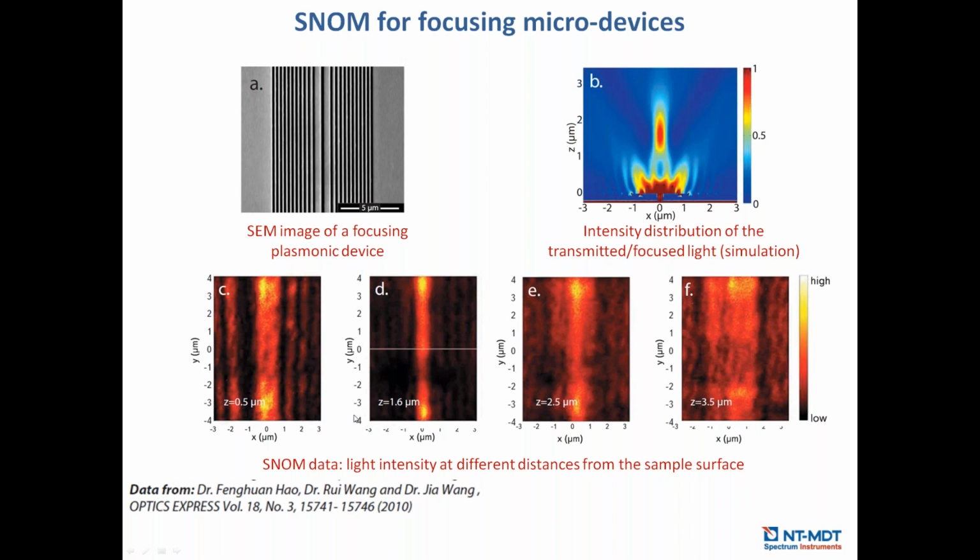And on the bottom line, we can see images obtained by tip scanning at different distances from the surface. First it was very close to the surface, then 1.6 microns, and then 2.5, 3.5 microns. So we can find that the best focusing appeared at 1.6 microns, which is in good correlation with the simulation.